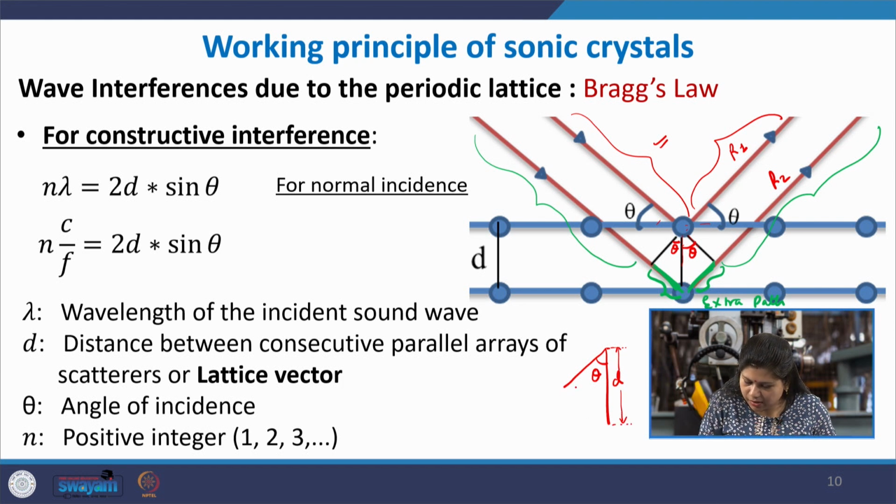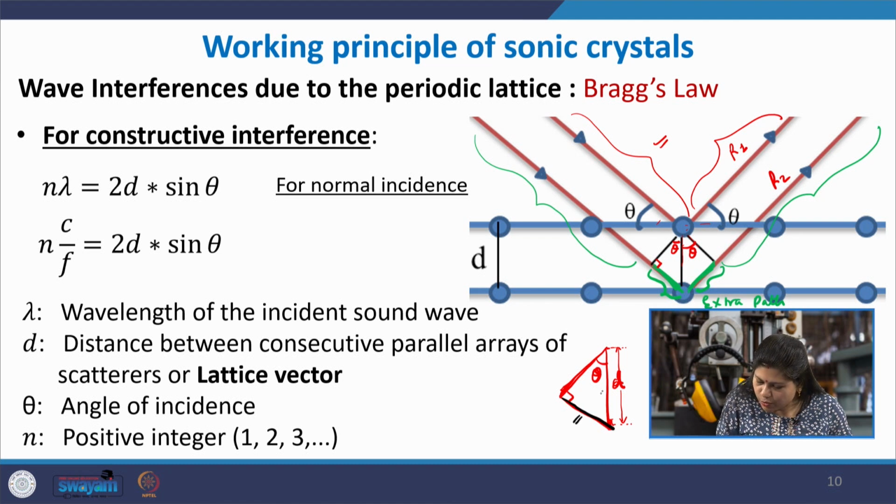okay, in this triangle, and it is a right angle triangle because we have drawn it that way to get the path difference, okay. So, this is your d, this is your theta. What is this value here?